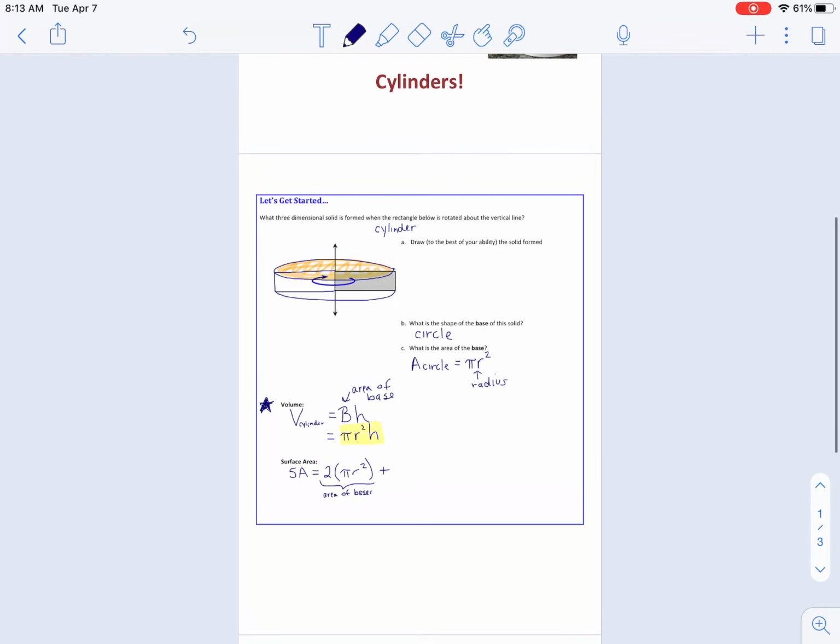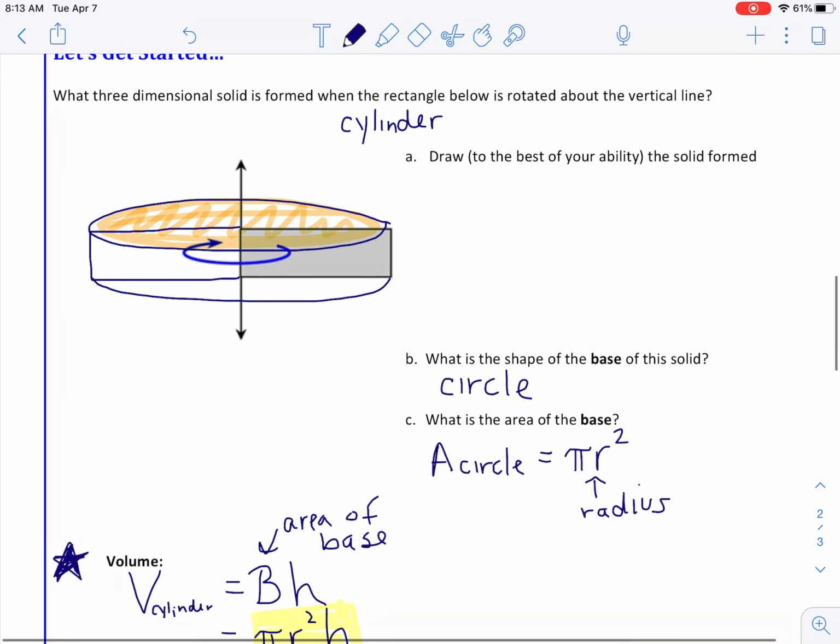Plus, now I need the lateral surface area. The lateral surface area is, like I said before, the rectangle wrapping all around.